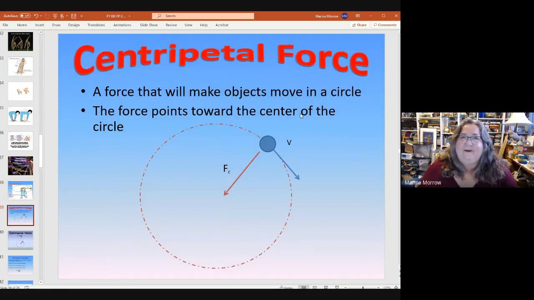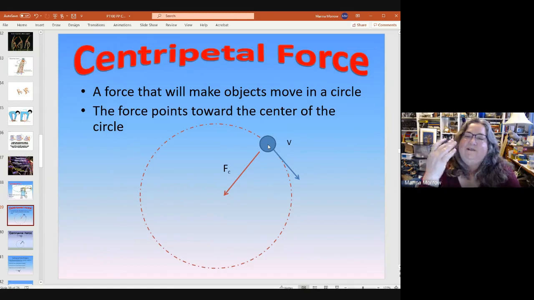Now, remember that forces can cause accelerations, and accelerations are changes in a velocity. And a long time ago, we said velocity could change by speeding up, slowing down, or changing direction, because an actual velocity, not just a speed, but a velocity has a direction. In this case, with a centripetal force, the speed stays the same, but what we're doing is changing the velocity by changing the direction.